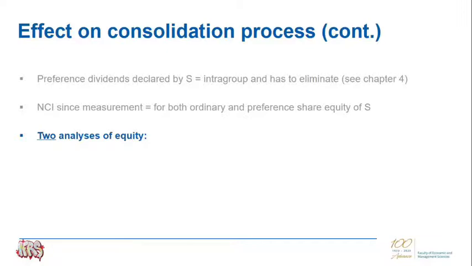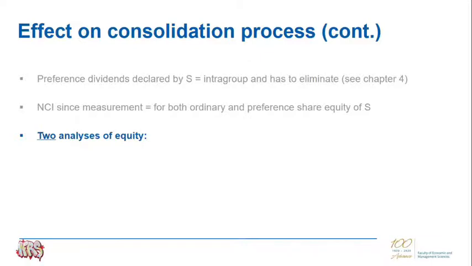The reason why you have to split it out is because when you start attributing, you attribute that based on different percentage holdings. The parent in the preference shares can have a different percentage holding compared to its holding in the ordinary shares, and that would have the same effect on the NCI's percentage holding.